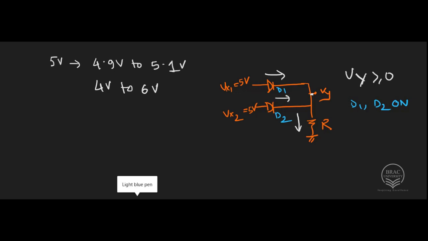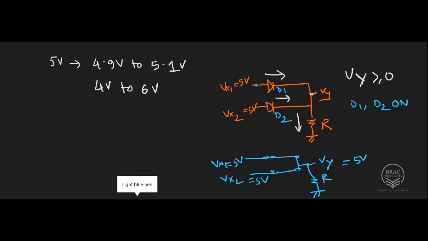And when both diodes are on, we can represent these diodes with short circuit, and then Vy will be directly shorted to this terminal, that is, the circuit will look something like this. And then both of these have voltage value of 5 volt and this is Vy. As both are shorted, we can say Vy is equal to 5 volt.